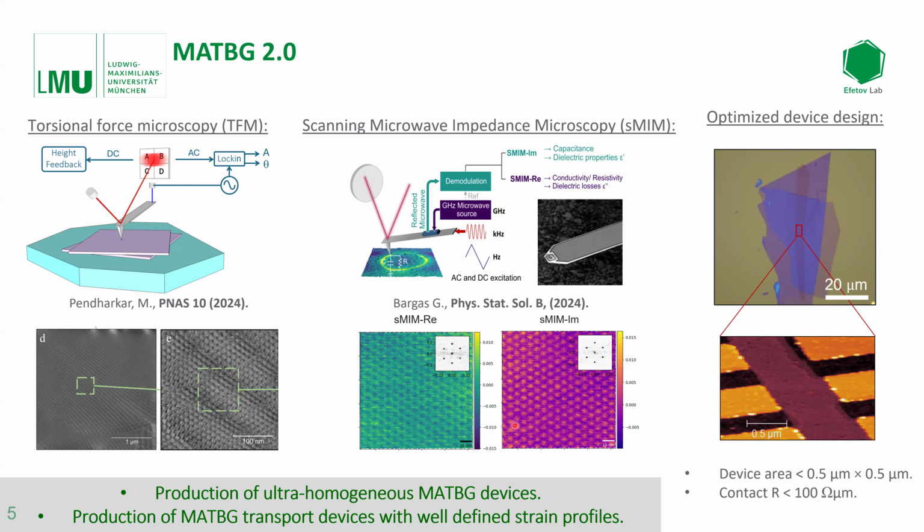And basically, the idea is, first of all, the production of ultra-homogeneous TBG devices, because with this technique, you can position your device exactly where you find the most homogeneous area. And second of all, you can then produce transport devices which have well-defined strain profiles.